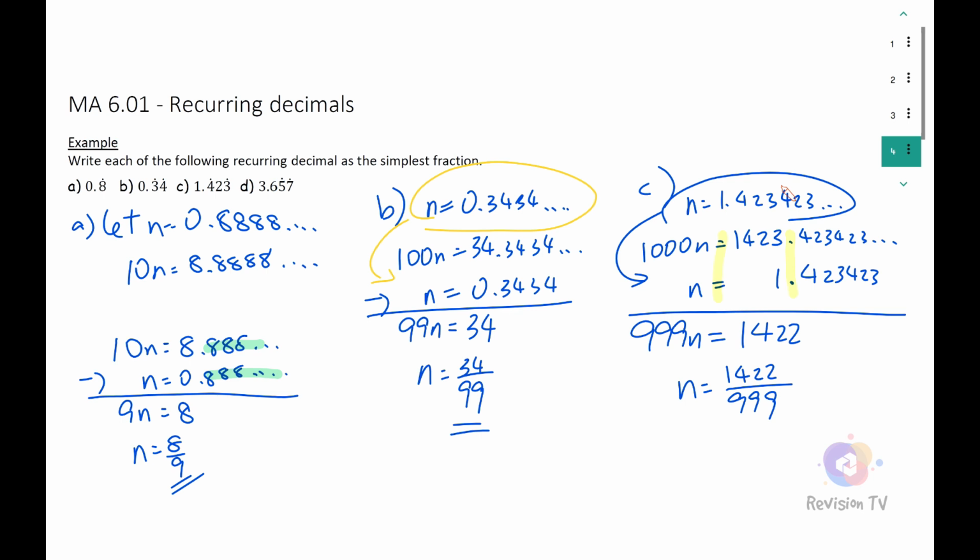Now the question is, is 1422 divisible by 3? That's a question you need to ask yourself, because if it is divisible by 3, that means it could be simplified. I'm not sure if you know this little trick about divisibility by 3. You can easily work out if a number is divisible by 3 or not by adding all the digits. If the digit sum is divisible by 3, then the whole number is divisible by 3.